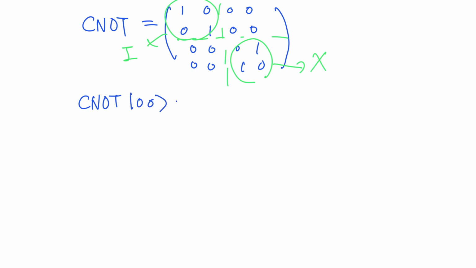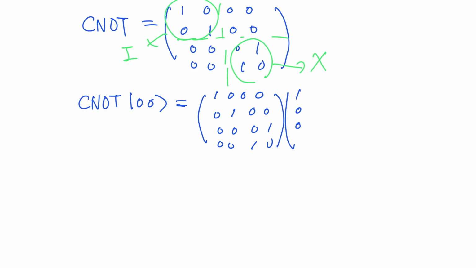Let's say C naught 0 0. What do we get? Maybe I need a pointer.